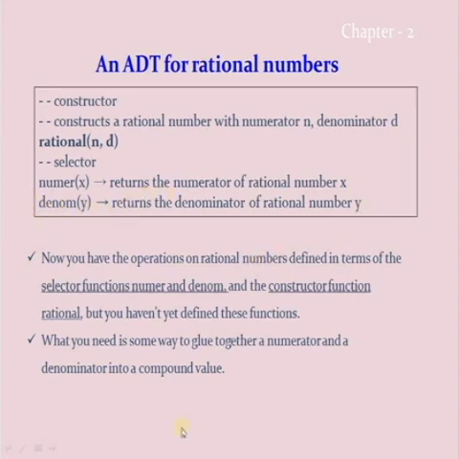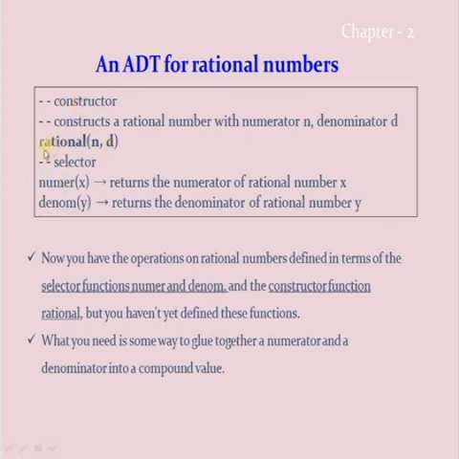Is it clear, children? What you need is some way to glue together the numerator and the denominator into a compound value. That means we are framing the concept with the constructor and the selector.